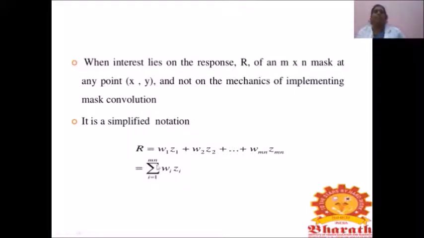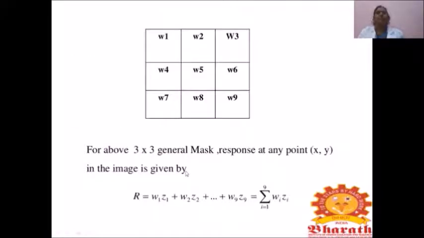This can be written as the summation of i from 1 to mn of wi zi. This is the mask representation, w1 to w9, and it can be written like this.